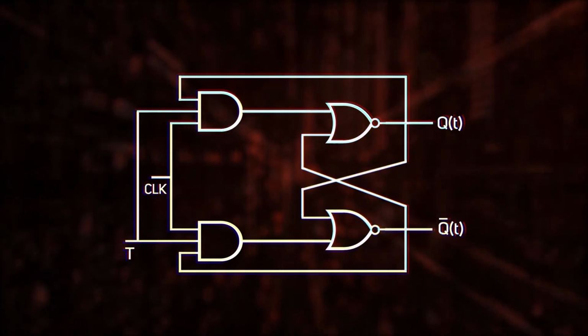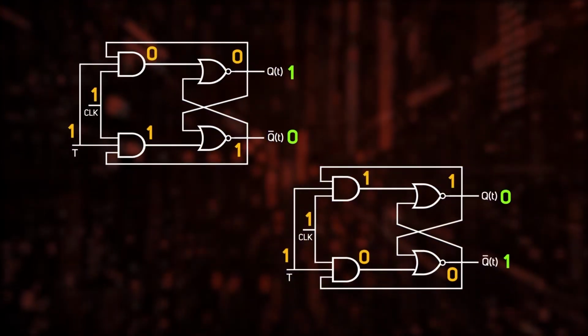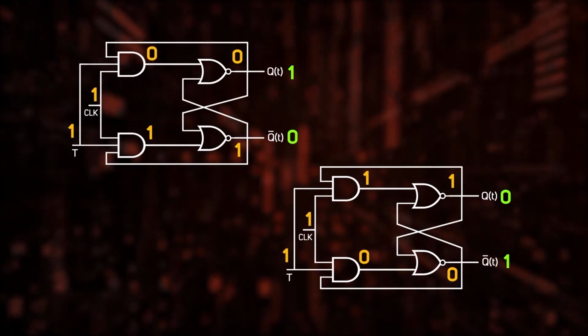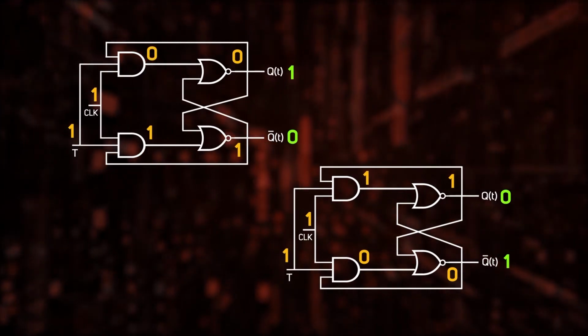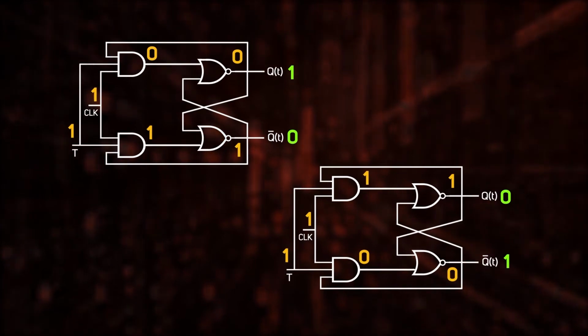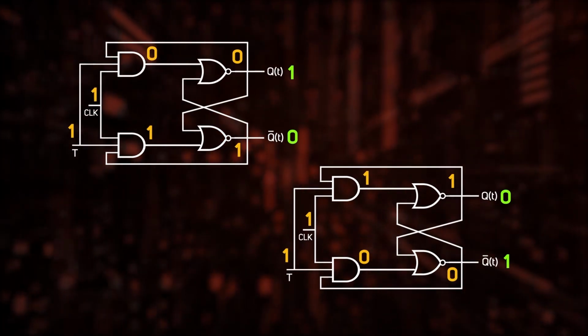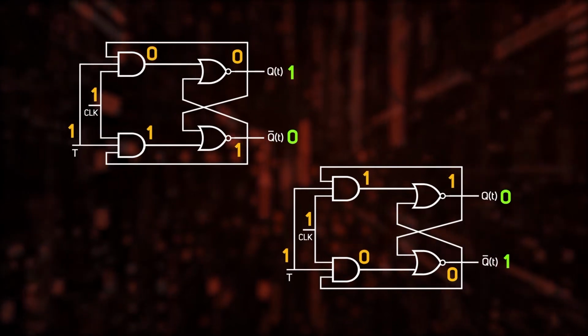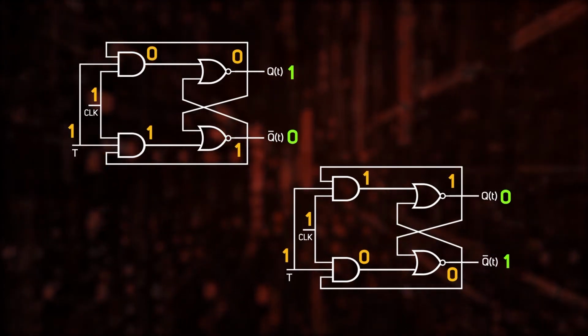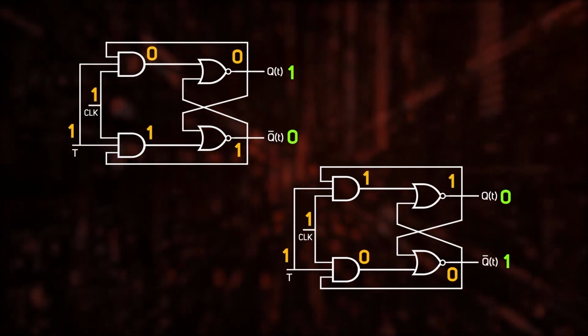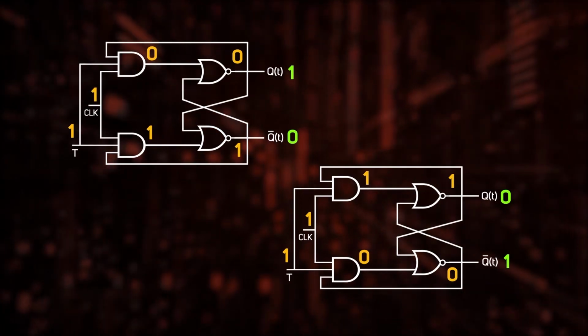We will start with T equal to 1. The two diagrams show the state of the flip-flop when the input is high. It is complementing the previous state value as we had seen in the NAND gated T flip-flop. Since two of its inputs to the AND gates are 1, it checks the previous state values.